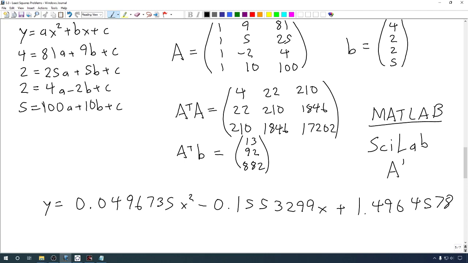And with a lot of these big complicated calculations with matrices, you'll just do the same thing. If you're ever using MATLAB or Scilab, you're probably just going to work with decimals. So this is what our formula has given us for our quadratic of best fit.